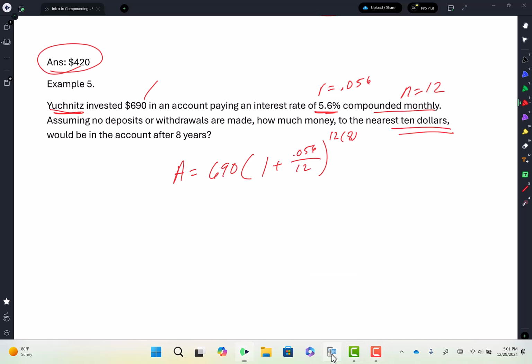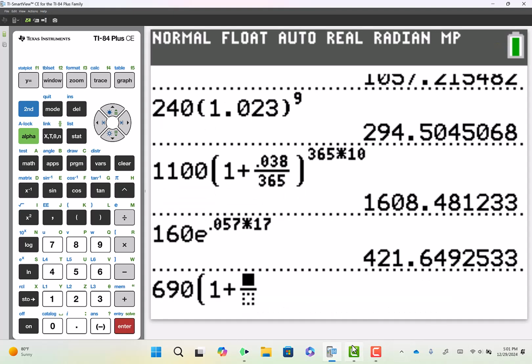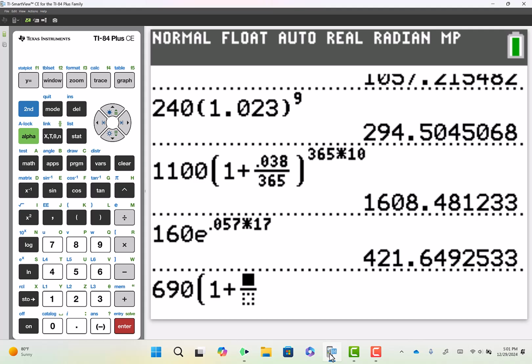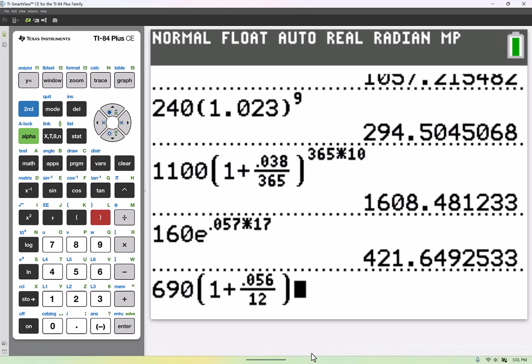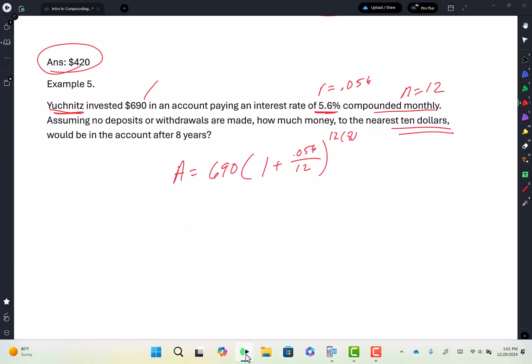And let's do that. So 690, parenthesis 1 plus, alpha y equals, and 0.056 divided by 12, raised to the power, and we said 12 times, I already forgot the years, guys, short-term memory here, 12 times 8.